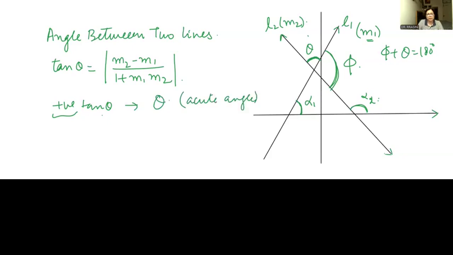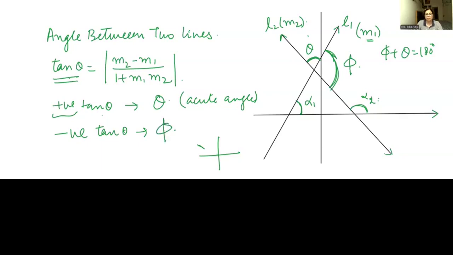When we get tan theta as a negative value, we know from the figure that in the second quadrant, the tangent values are negative. That means when we have an obtuse angle, more than 90 degrees, the tangent of that angle will be negative, so in that case we will be getting angle phi.